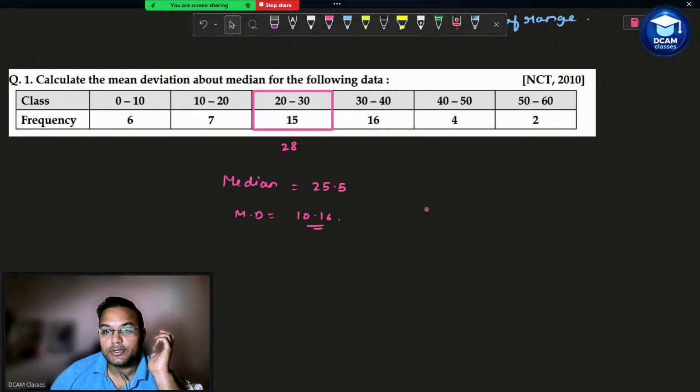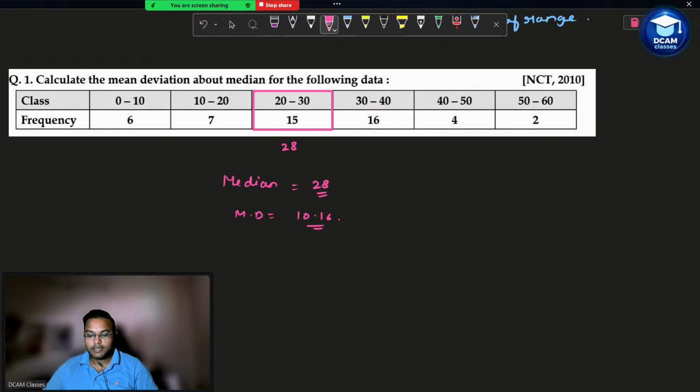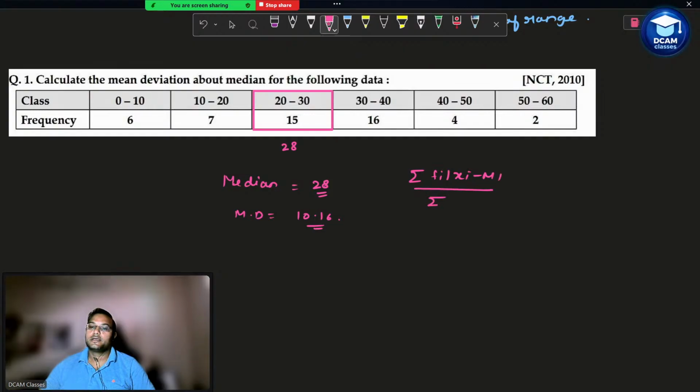Sorry, my mistake. Median should be 28. Correct. Then only you will be getting 6 minus 28, 15 minus 28. Then you will be using that particular formula, sigma fi mod xi minus m divided by sigma fi, right? Correct.